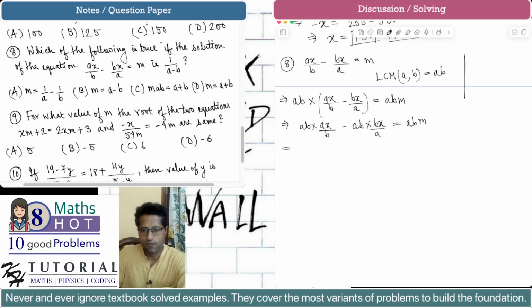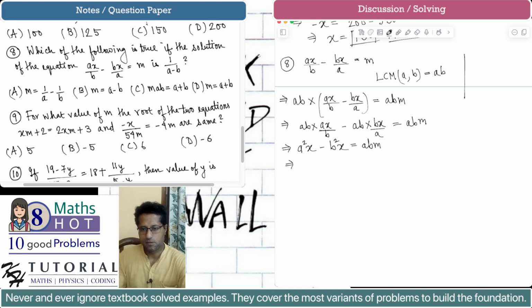If you further simplify the LHS, you get a square X minus b square X is equal to abm.